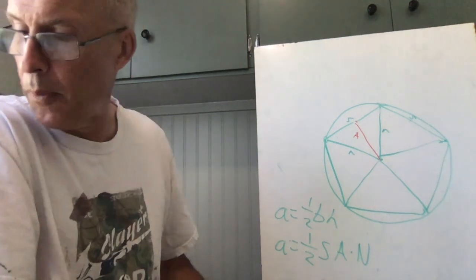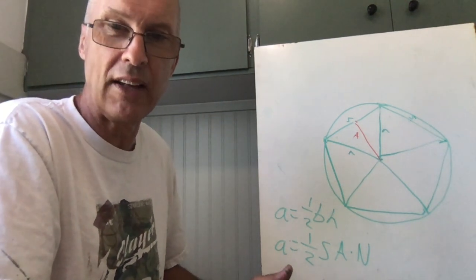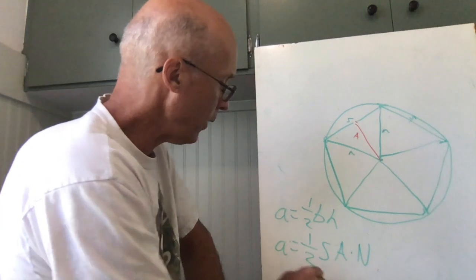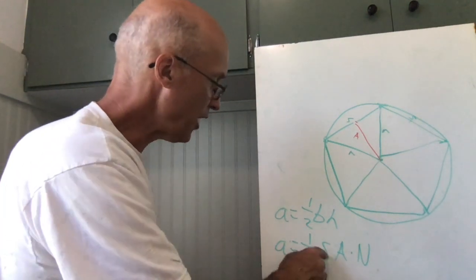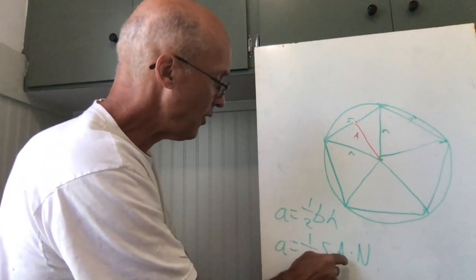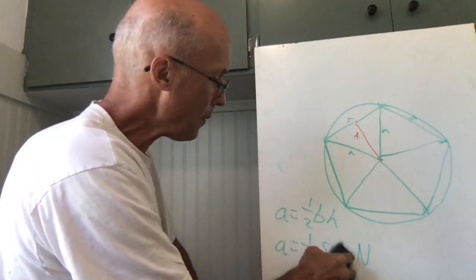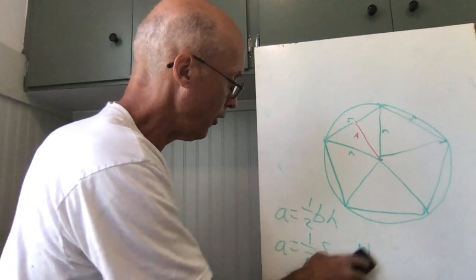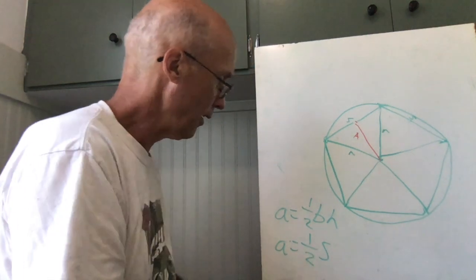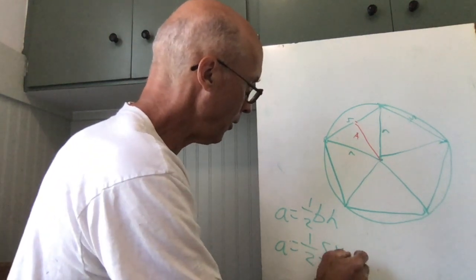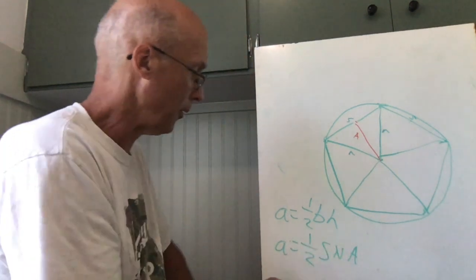Now I hope that doesn't look too messy, and I hope that makes sense. We're going to do a little rearranging. Instead of writing it as side times the apothem times the number of sides, because of the commutative property, I'm just going to switch that around. Side times number of sides times the apothem.